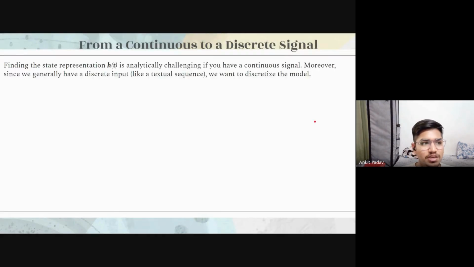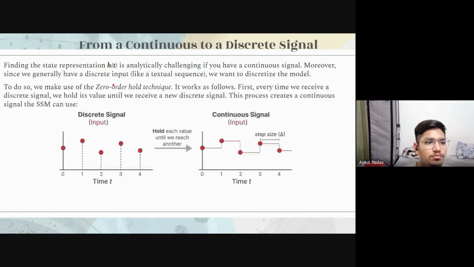How it will work is, I'll use this zero-order hold technique. What it does is, if I have timestamps 1, 2, 3, 4, I'll hold these words for these timestamps. If a sequence has n tokens, it depends on me what step size I'll take, whether I'll tokenize it one token at a time, or divide it into multiple tokens at a time.